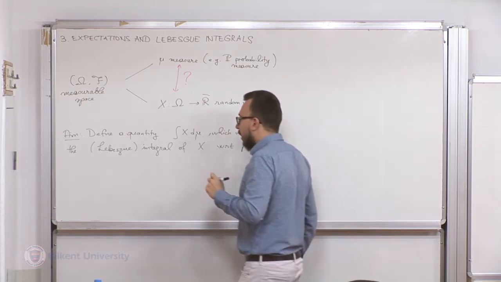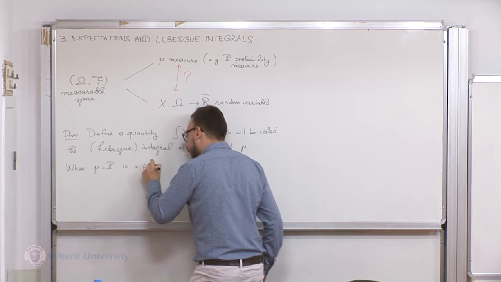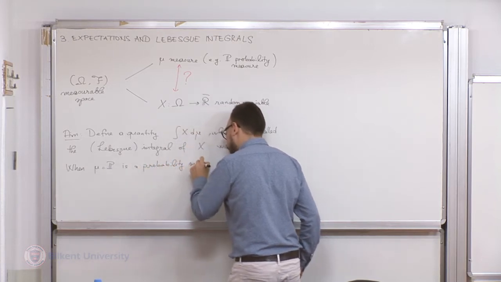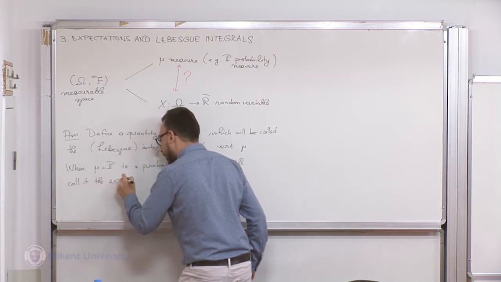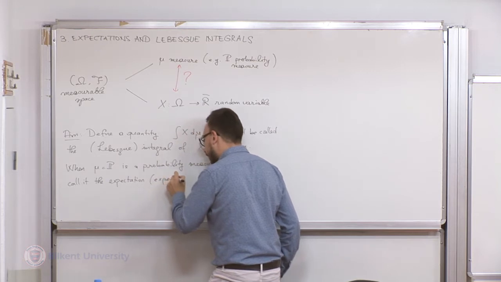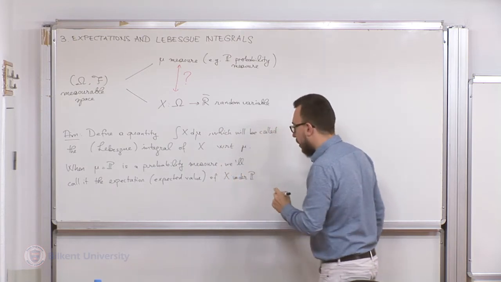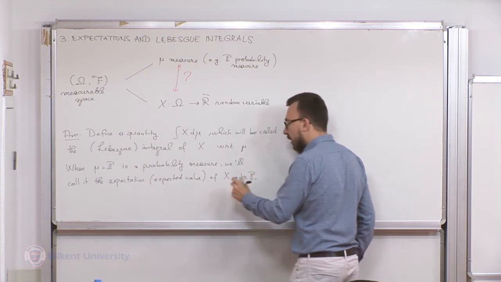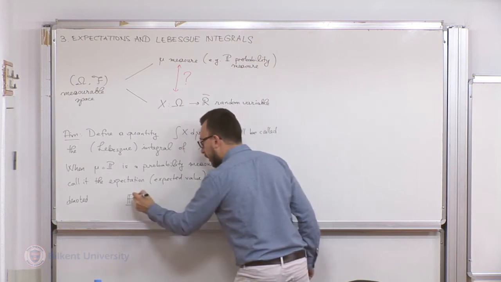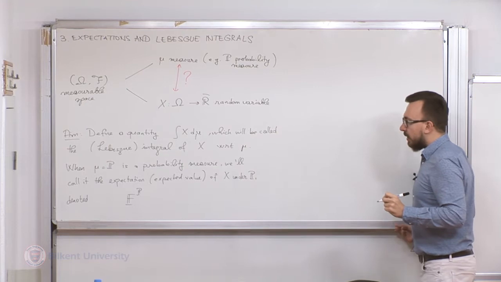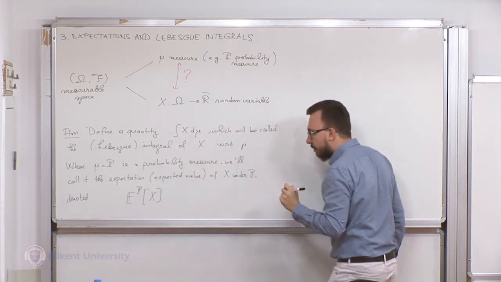Okay? And in the probabilistic setting, when μ is P, a probability measure, we'll call it the expectation or expected value of X under P. And in this case, we're going to denote it by using this letter E. And if you'd like to make it clear that you're using P as your underlying probability measure, you put it like this, sometimes with those square brackets.